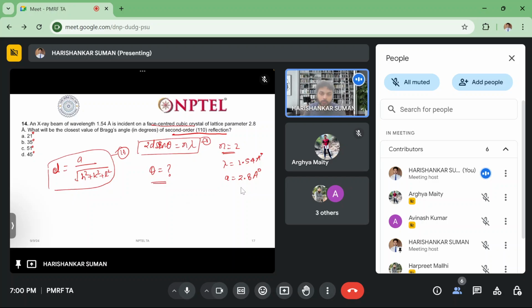Please put the values in these two, h equal to 1, k equal to 1 and l equal to 0. Please calculate the value of theta. You can take 5 to 10 minutes for this question.